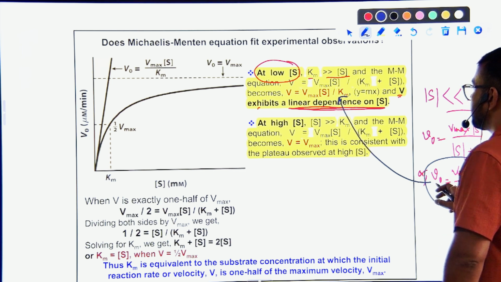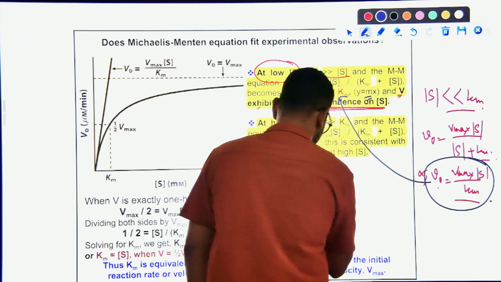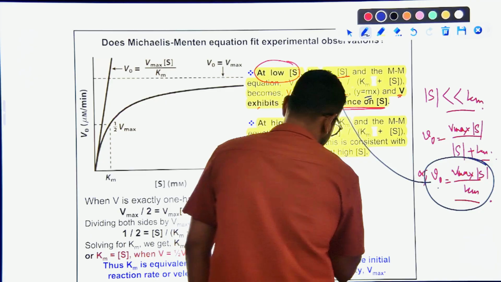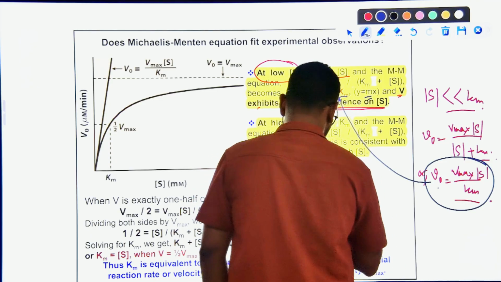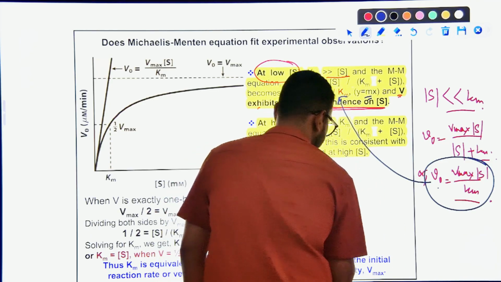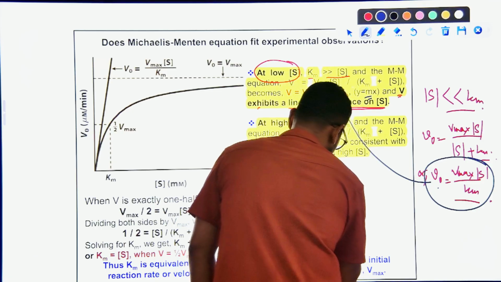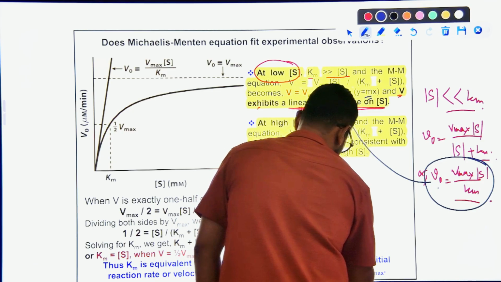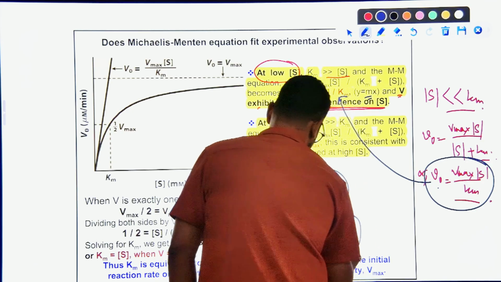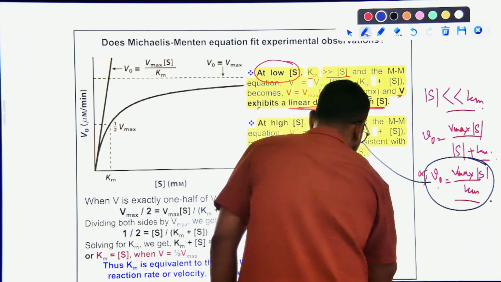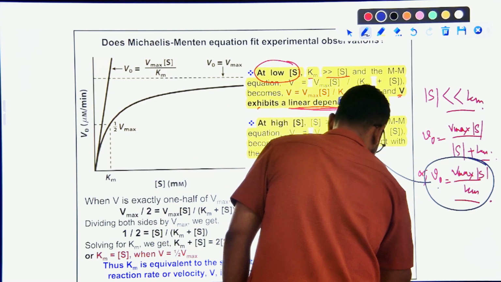So V, which is Y, equals Mx. Y equals Mx means a linear graph where V naught equals Vmax into S by Km. So this is a linear graph, a straight line graph.